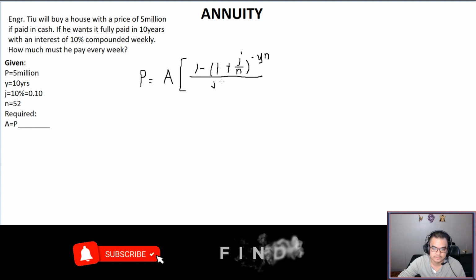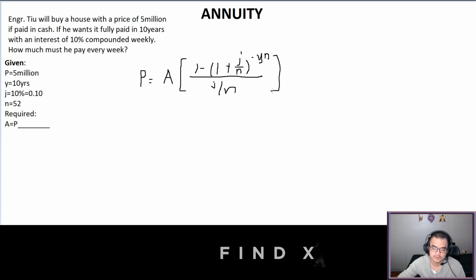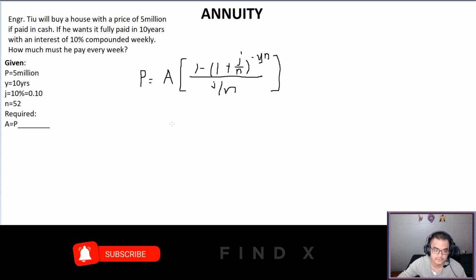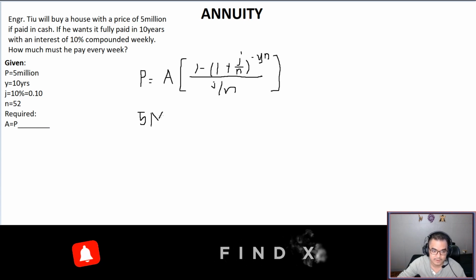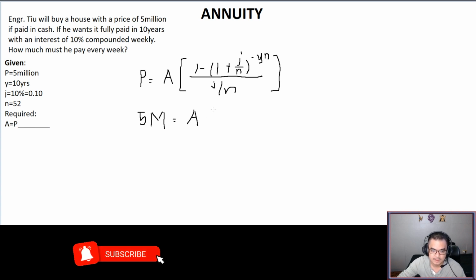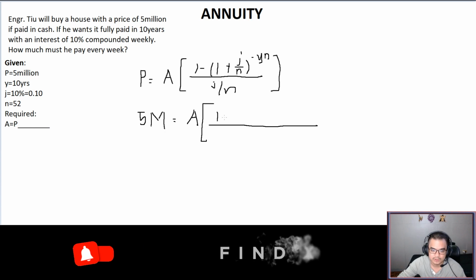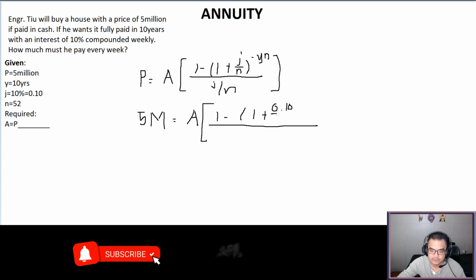All you have to do is substitute all the values here, and then we can find the value of A. So we have P, which is 5 million, and A times 1 minus 1 plus your J, which is 0.10, all over 52.